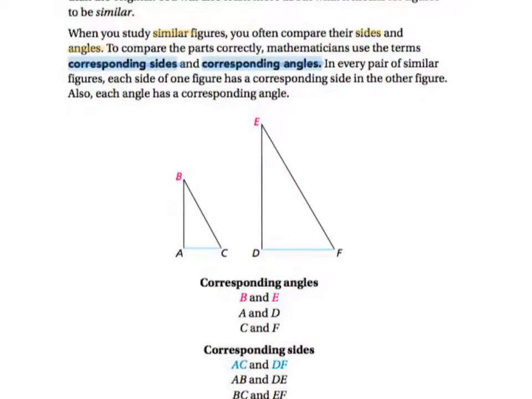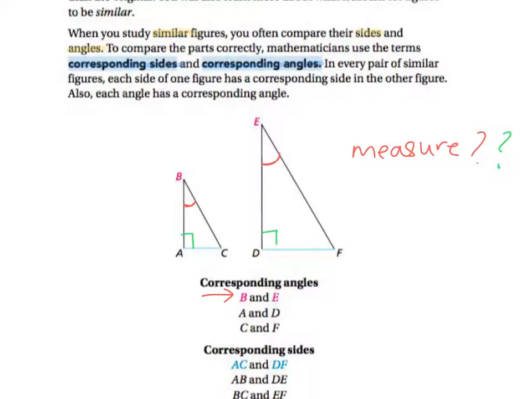So in the case of the triangles below, we could say that angle B corresponds with angle E. So angle B corresponds to angle E. Do they look like they are the same measurement? Okay, that's what we're going to figure out. Angle A corresponds to angle D. Same measure.